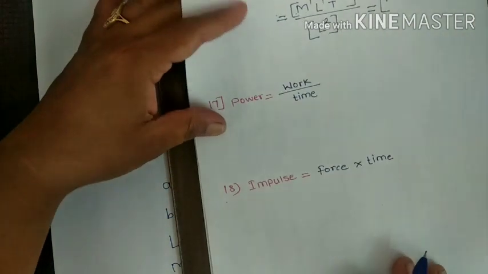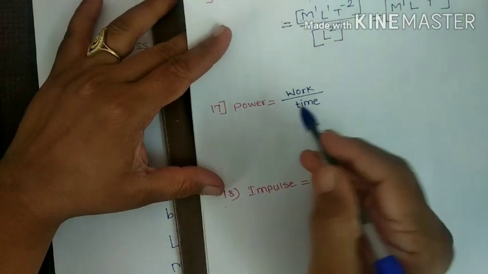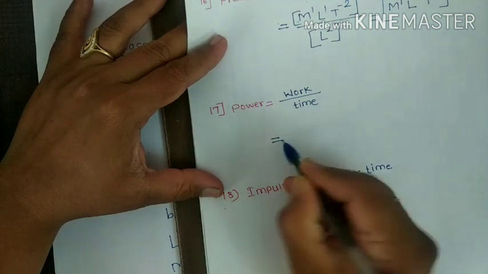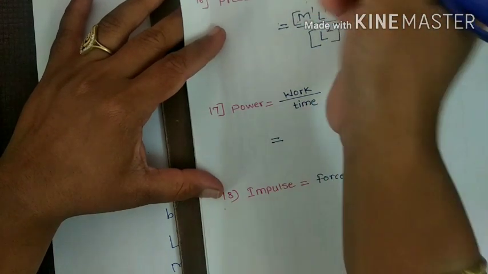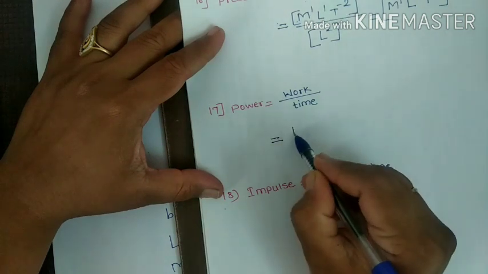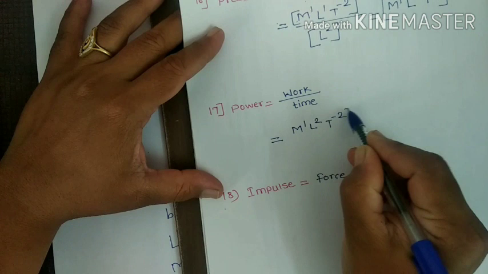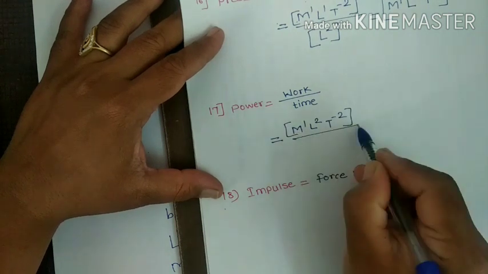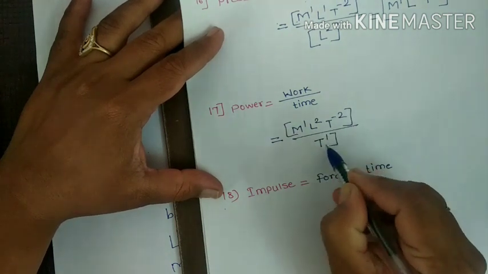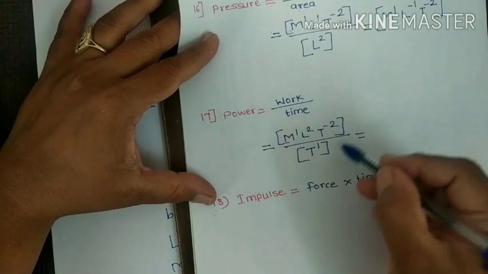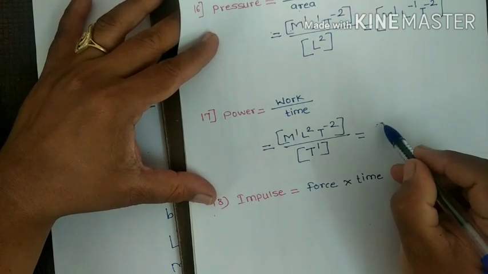Then next we calculate the dimensions for power. Power is equal to work upon time. We have to find out the dimensions of work. That is M^1 L^2 T^-2 and time, that is T^1. Again we solve this bracket.